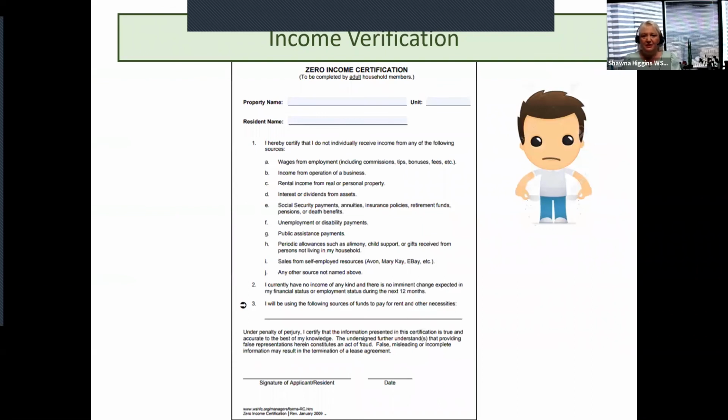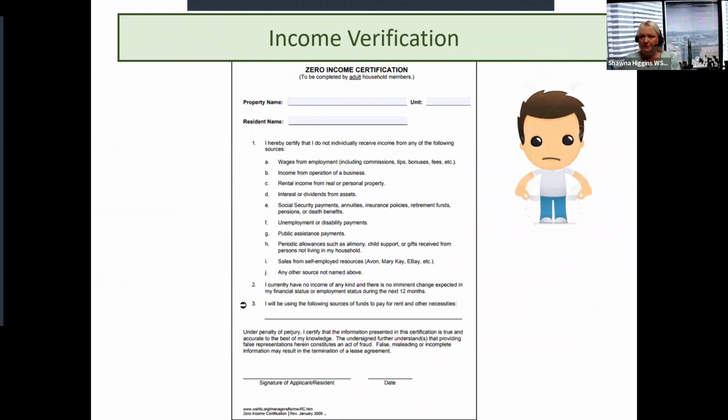Okay, so zero income. Sorry about that. So zero income certification. If a resident of the household does not have a job or does not have any kind of income whatsoever, you're going to want them to fill out this form.